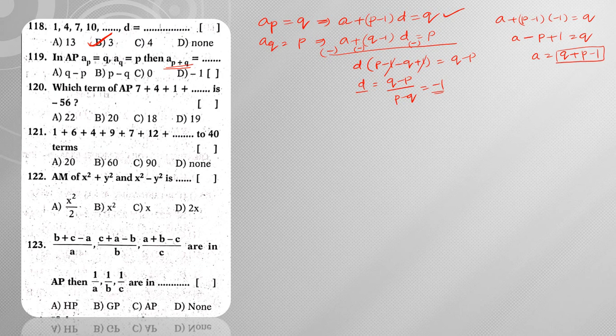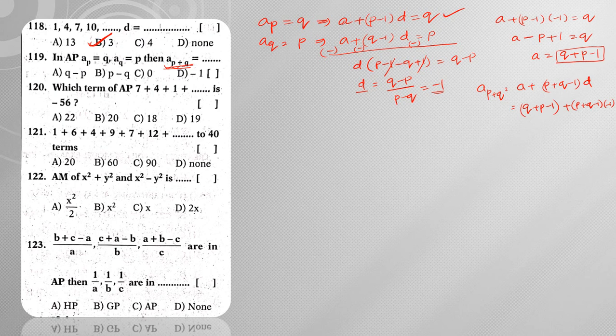Now what is he asking? a(p+q), that means the (p+q)th term. So the (p+q)th term is given by a(p+q) is equal to a plus (p plus q minus 1) into d. When I substitute the value, a is q plus p minus 1, plus (p plus q minus 1) into d, where d is minus 1.